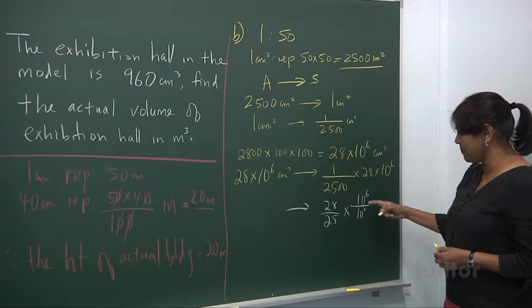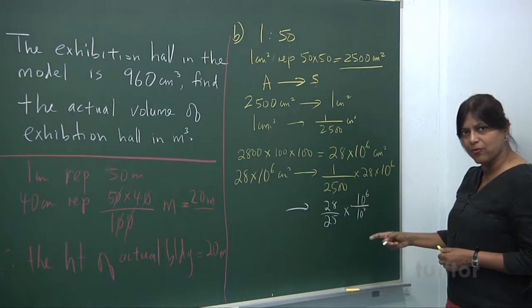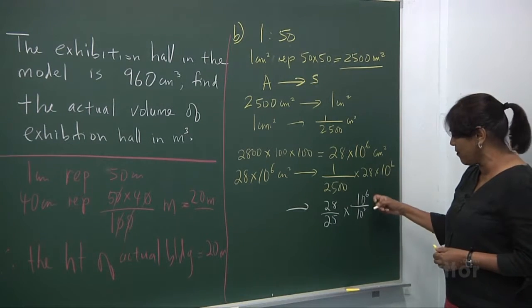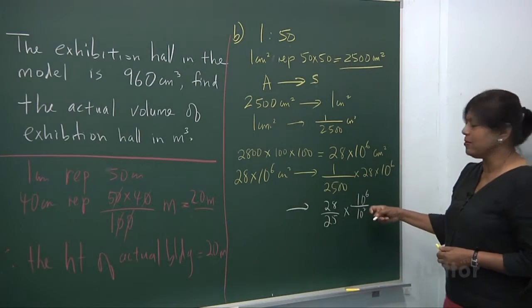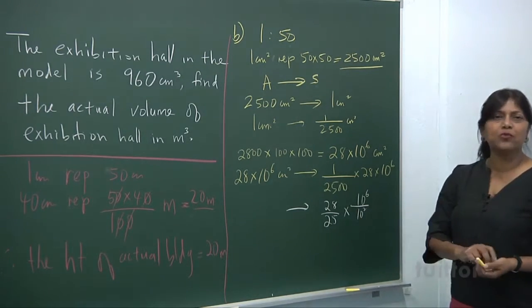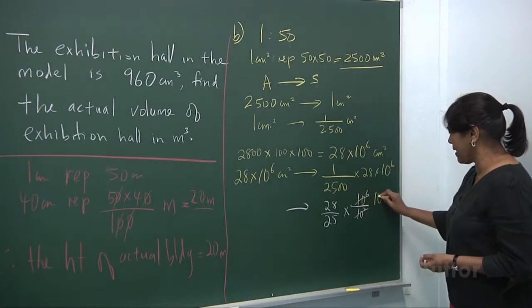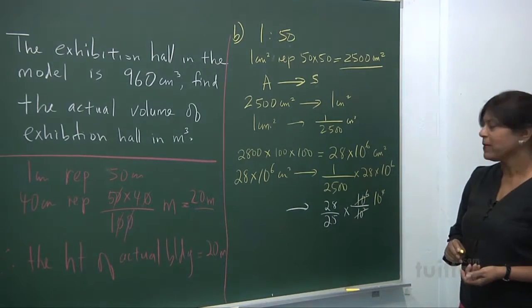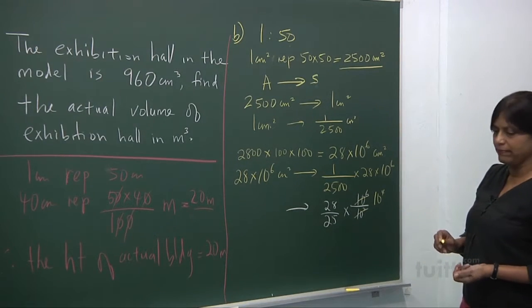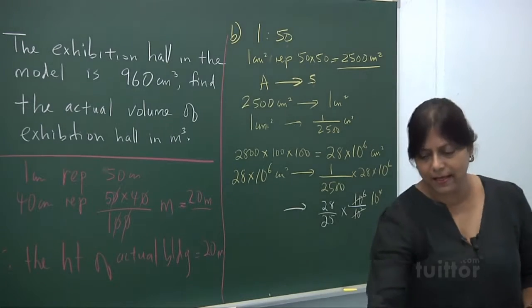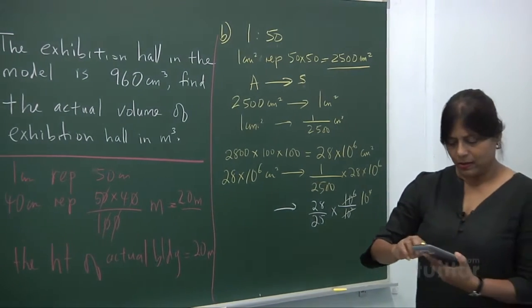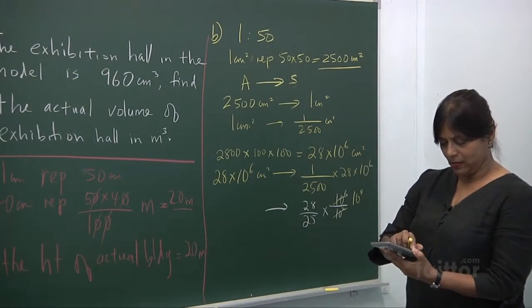When you take away up, take away down, or you can cancel the zeros, you get 10 to the power of 4 because 2 zeros are cancelled off. Now you can change it to decimal, 28 divided by 25.